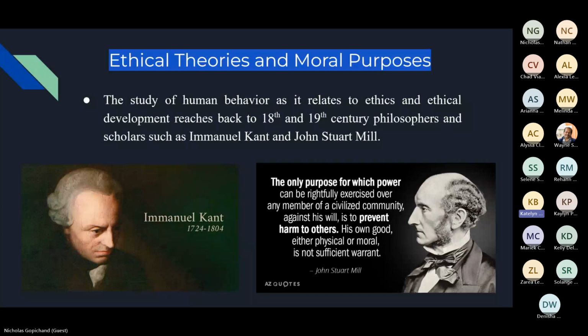After I read this quote, I'd like you to please raise your virtual hand if you agree with it. The only purpose for which power can be rightfully exercised over any member of a civilized community against his will is to prevent harm to others. His own good, either physical or moral, is not sufficient warrant.